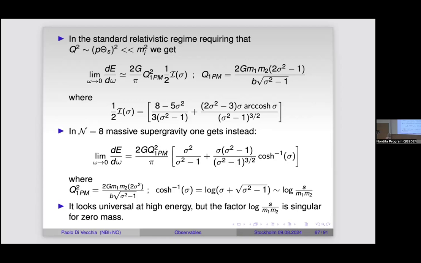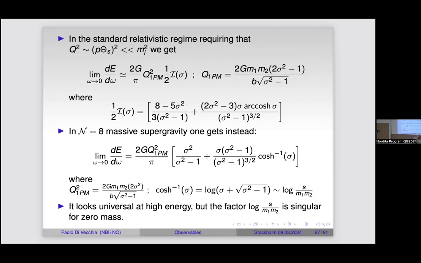And that's what you get in massive supergravity. But since this cosh is essentially log of s over m1 m2 squared, you see that it's singular when you take the mass equal to 0. So you cannot go to the massless case, and this is due to the approximation that we made here.